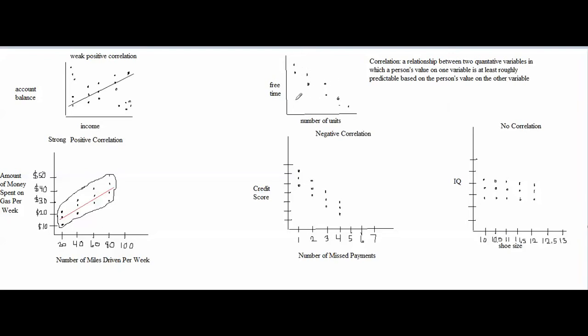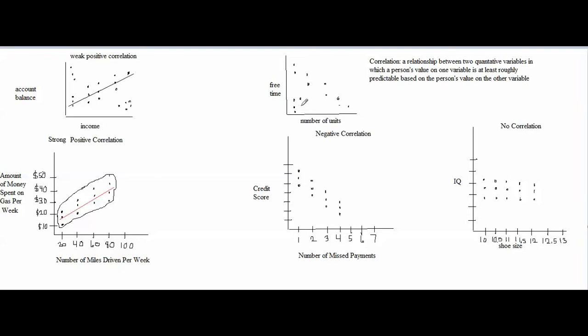So we could have a lot of people down here who aren't taking very many units, but still don't have very much free time because your free time has to do with a lot of different things besides just how many units you're taking. It has to do with how many hours you're working per week and how many other responsibilities you have. So we could have a lot of people who aren't taking very many units, but since they're working so much, they don't have very much free time.